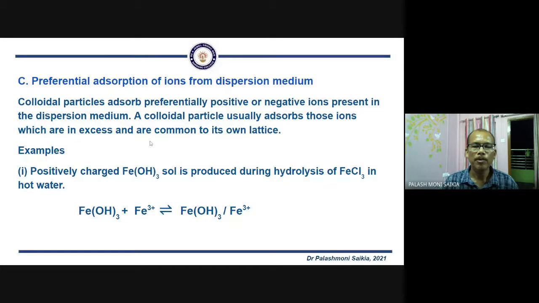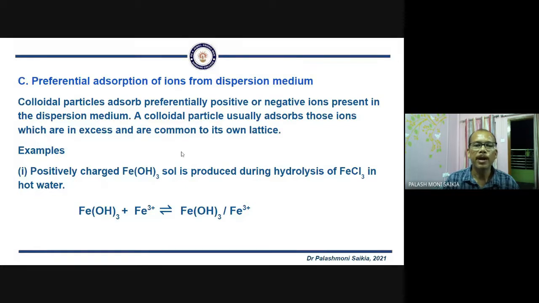Now, what type of ions are adsorbed? A colloidal particle easily adsorbs those ions from the dispersion medium which are in excess and are common to its own lattice. They should be in excess, and at the same time they should be common to their lattice.